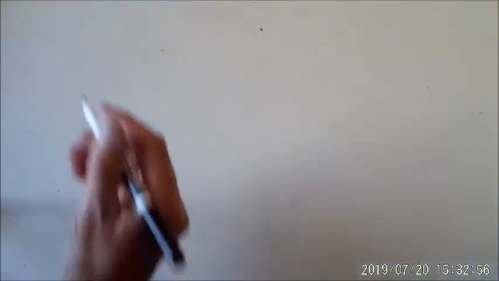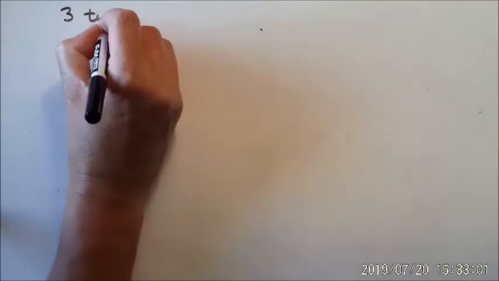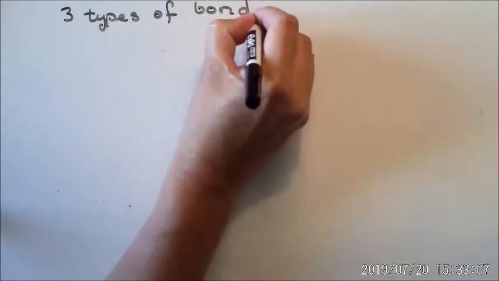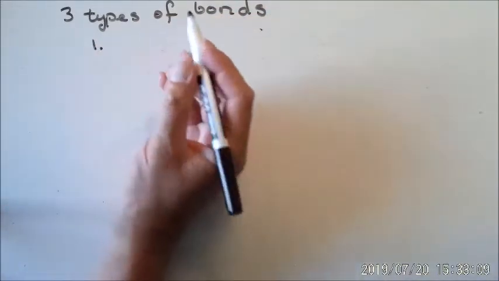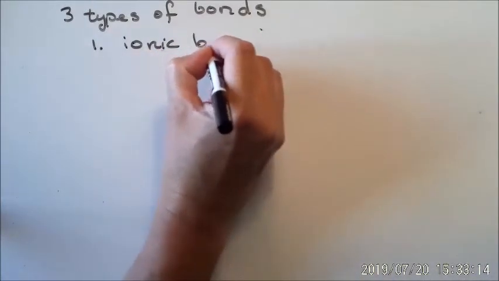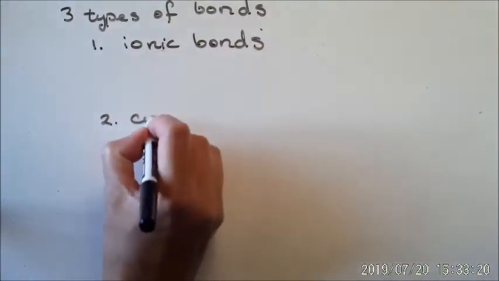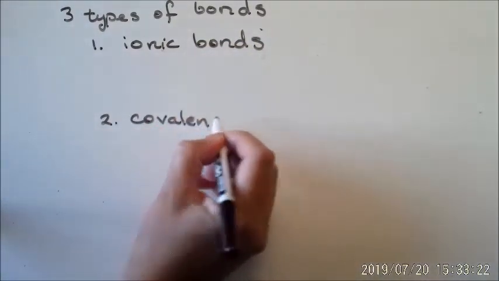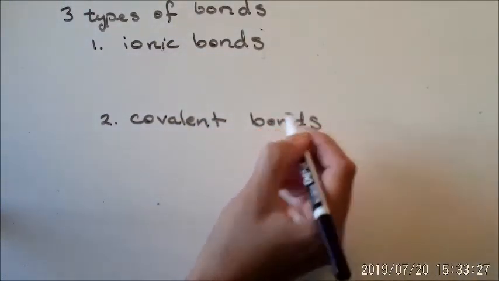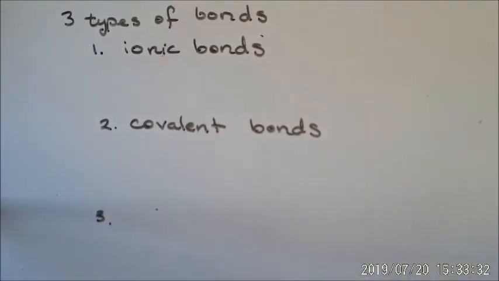And the three types are going to be ionic bonds, covalent bonds, and metallic bonds. Okay.